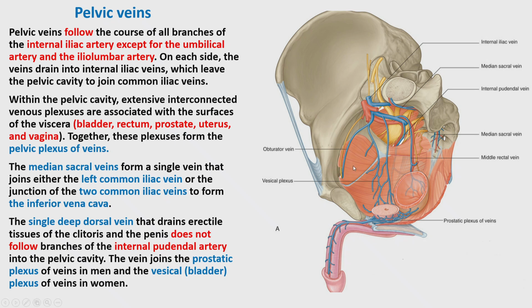These plexuses are around the bladder, so they are called the vesical plexus. Around the rectum, we discussed it, the superior, middle, and inferior rectal veins make a rectal plexus. Around the prostate, it's the prostatic plexus, and the uterus and vagina plexus in the female.